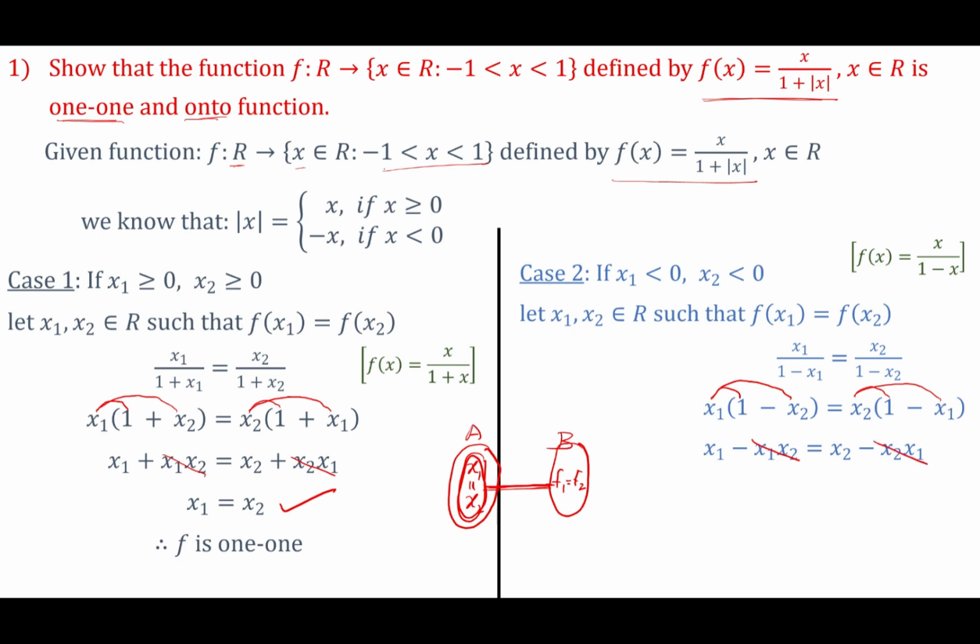So if I switch one term to the other side, it becomes positive, and positive and negative get cancelled. And here I got x1 equals x2, which means there is only one image, f of x1 equals f of x2. That means the given function is one-one.